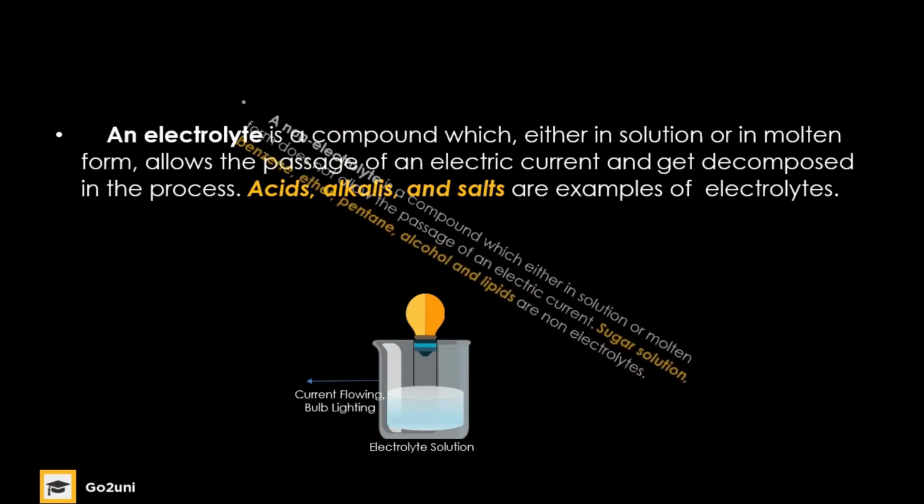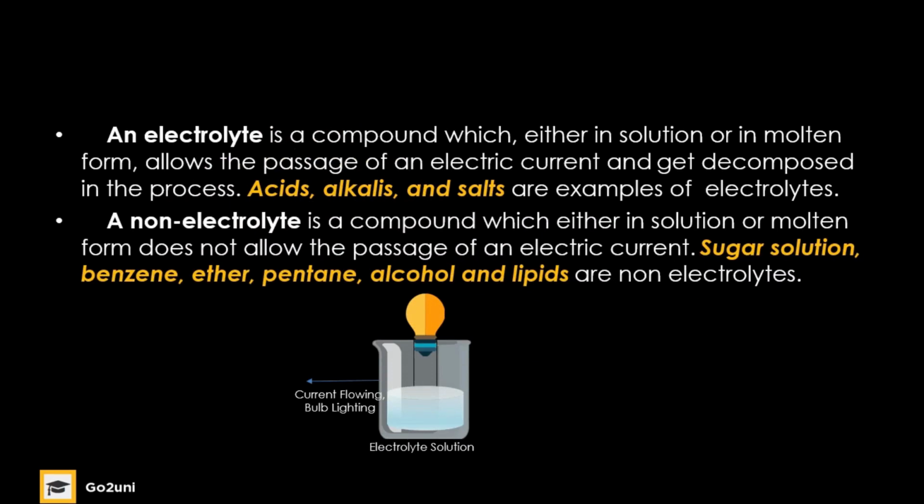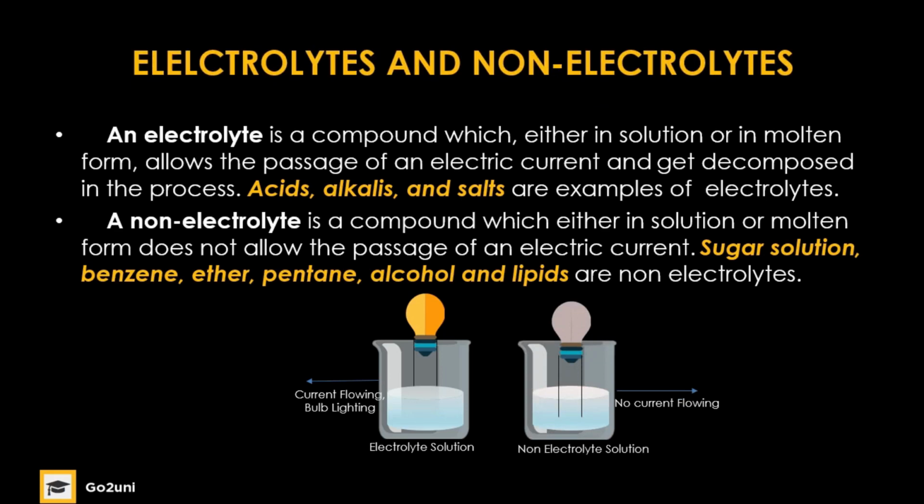Electrolytes permit the flow of electricity through them, and examples include salts, acids, and alkalis. Non-electrolytes, on the other hand, will not permit the flow of electricity through them. Examples include sugar solution, lipids, alcohol, ether, benzene, etc.